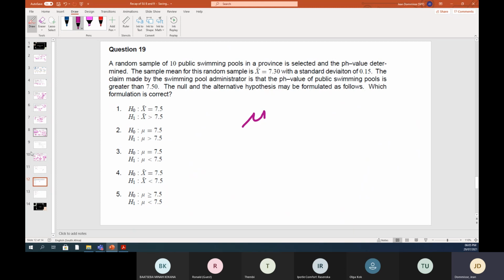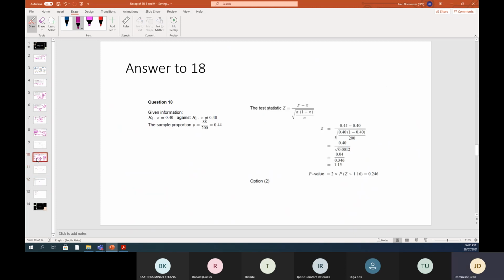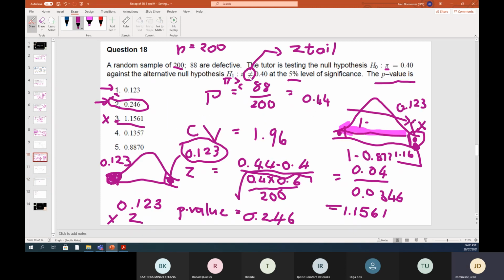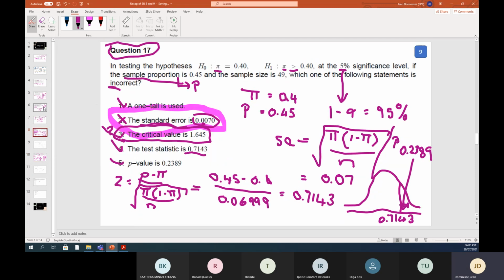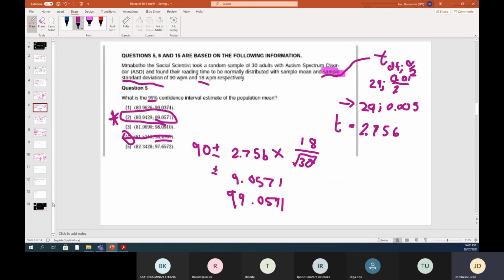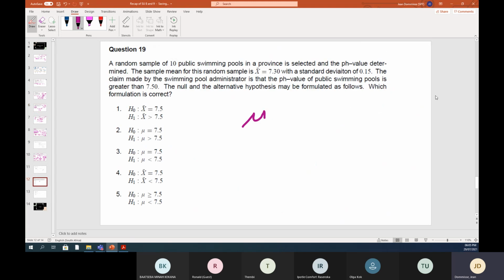So let's look at where was it? Okay, so this was proportion. I actually used all of them as proportions. So when you do work with a proportion, the null hypothesis will always look at this proportion sign. You will not see this one as your null hypothesis.